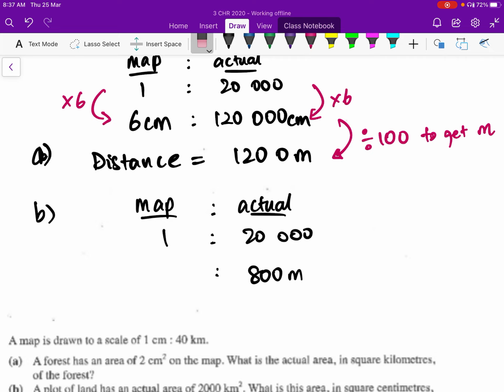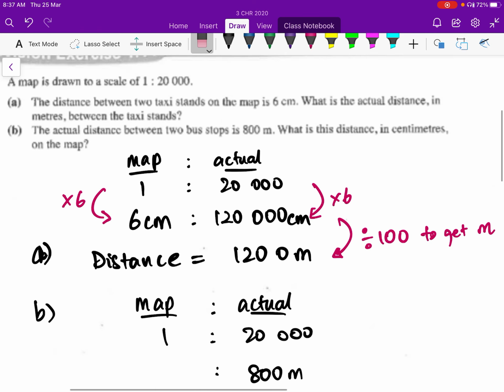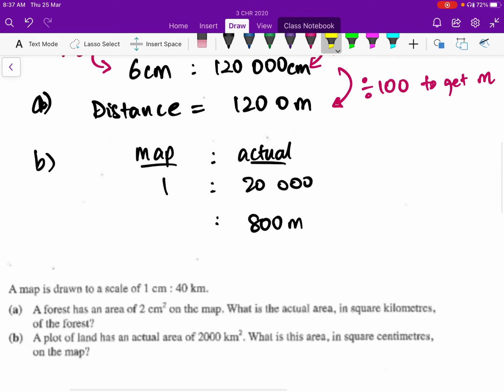Since the question wants it in cm for the map, I can change my 800 meters to cm also. But the number is bigger, so what do you do? I change it to 200 meters and then times 4. Yeah, actually, Nivea has a better suggestion.